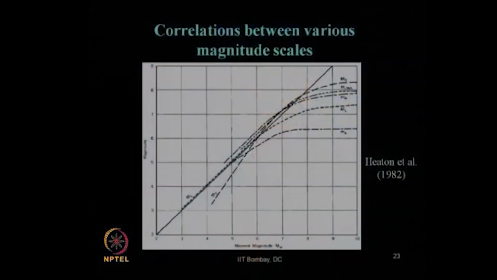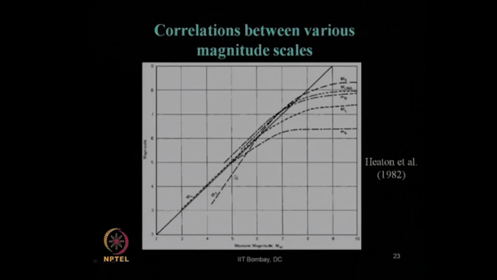So, let us see what we can do further. For this conversion, I need to go to the slide over here, which is given by Heaton et al. That is what is asked. Use this slide to convert your Ms scale to Mw scale, because then only we can estimate the seismic moment. Am I right? So, using this chart, Ms value of 7.82.